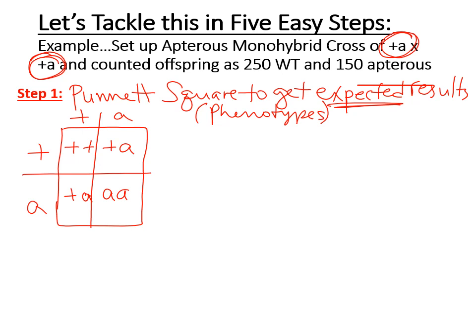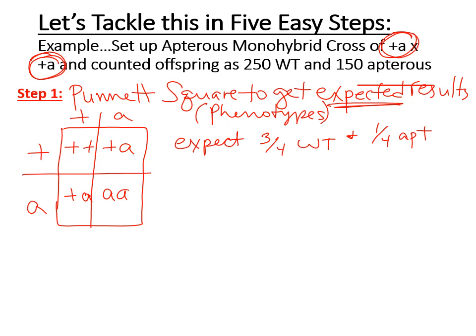So when we look at this Punnett square, we are expecting 3/4 of the flies to be wild type and 1/4 of the offspring flies to be apterous, meaning no wings. Now, when we look at our monohybrid cross, you notice that we saw 250 wild type and 150 apterous flies.